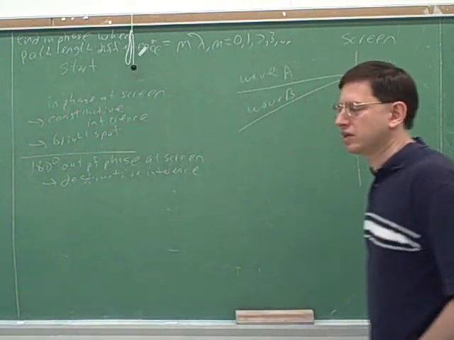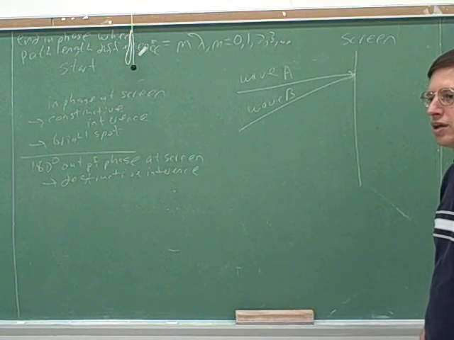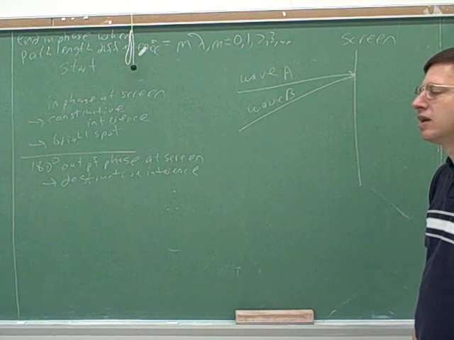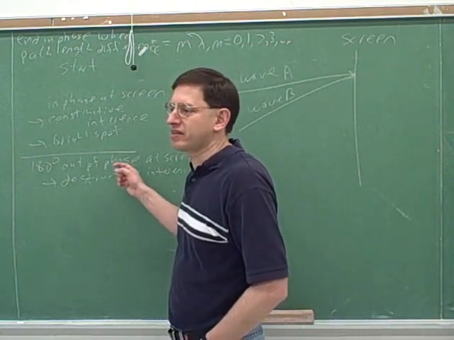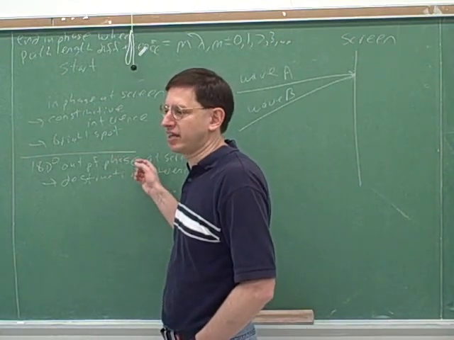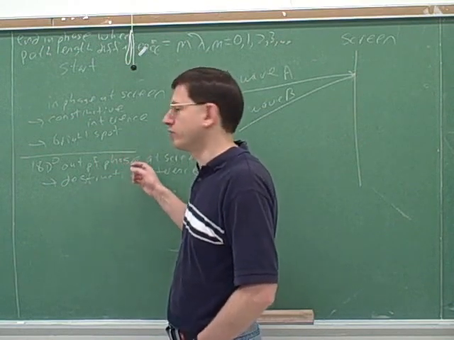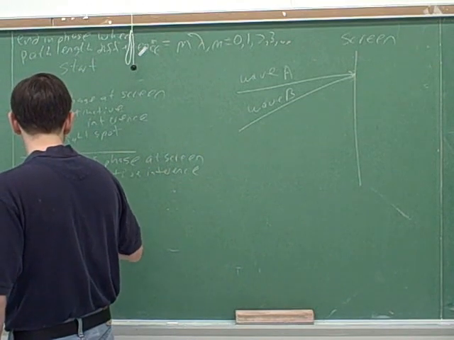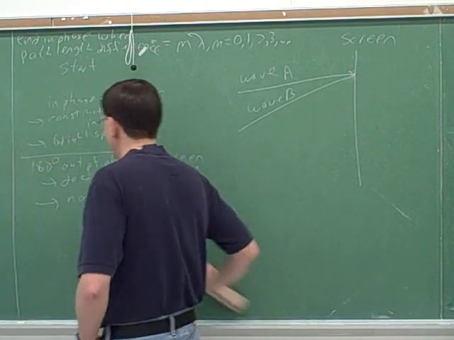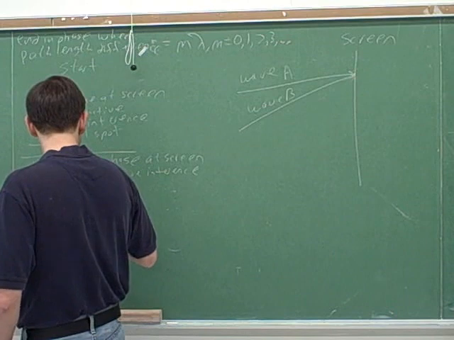And what will we see on the screen? Either like a dim spot or... Yeah, either a dim spot, or if they really have the same amplitude, there'll be nothing, because they'll exactly cancel each other. And that's what we're going to be assuming. So basically, we'll see nothing at this point. No spot, or maybe a dark spot, we could say.